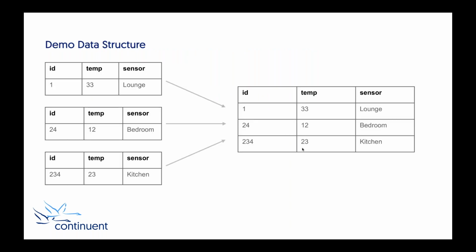Now, before we get to the demo, I just want to talk a little bit about the demo data structure. What I've done is I've created a very simple table over on the MySQL side, and that table contains a load of sensor data.